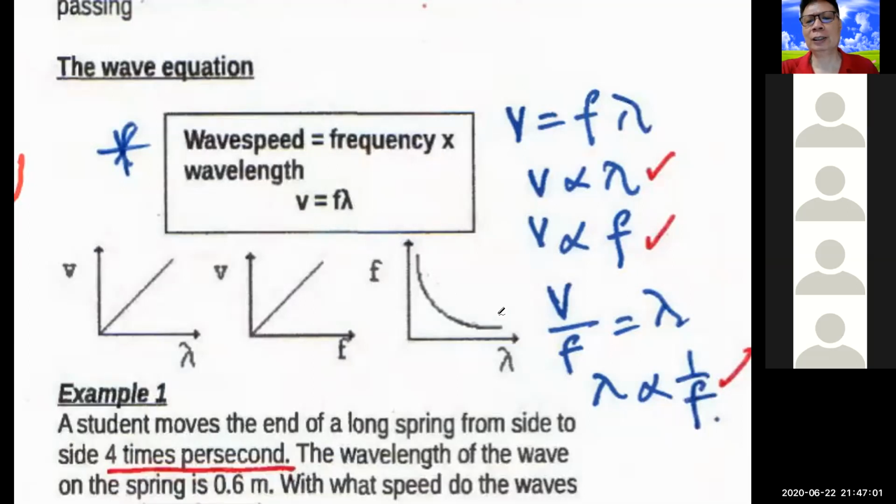What is the meaning of this relationship? The meaning is like this: when the frequency is high, you can see here the lambda becomes small. When the frequency is low, then the lambda becomes big.